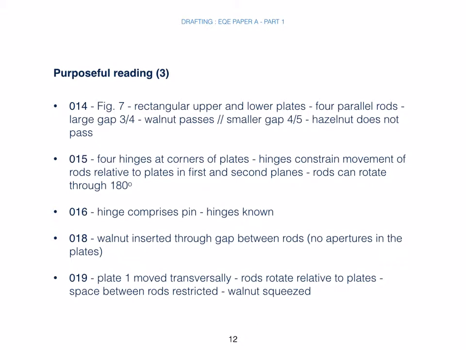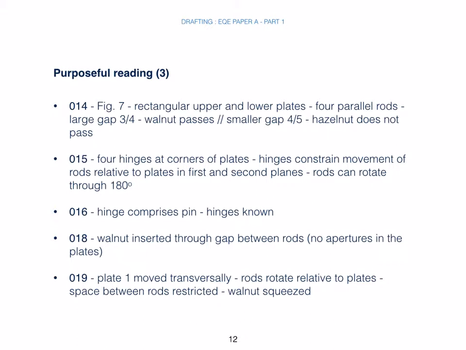Paragraph 19. Secondly, the plate 1 is moved, figure 10, arrow A, relative to the plate 2. This causes a rotation of the rods 3, 4, 5 and 6 relative to the plates 1 and 2. The rods 3 and 4 move relative to each other. The same applies to the rods 5 and 6.